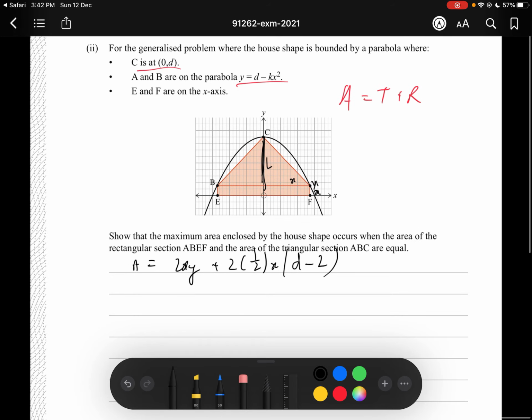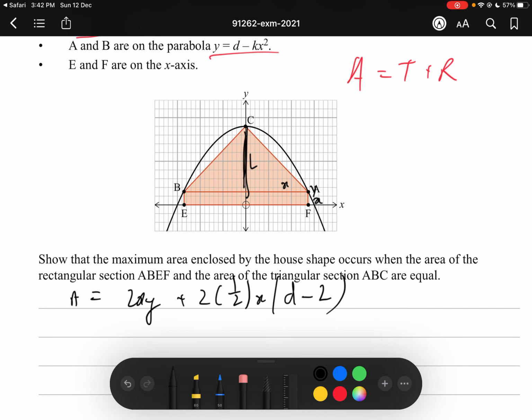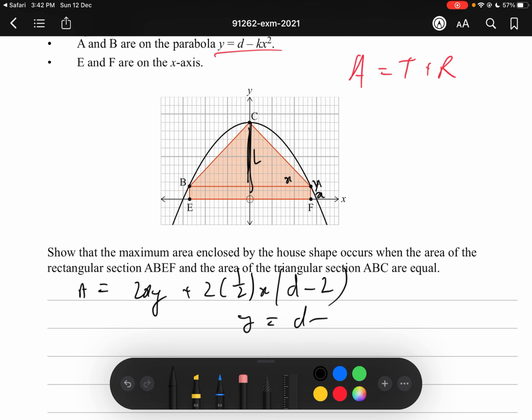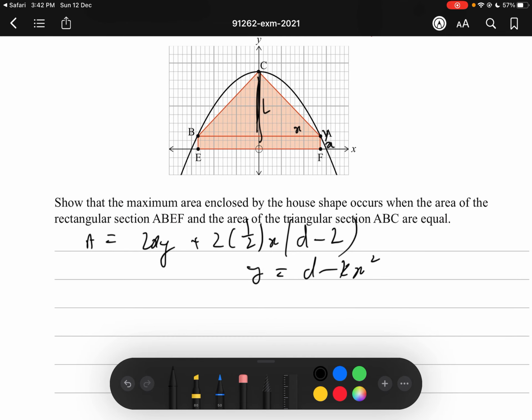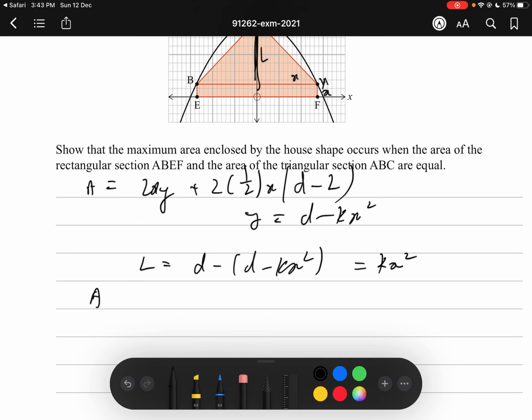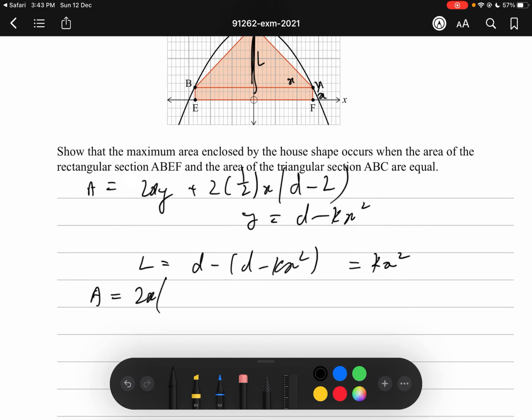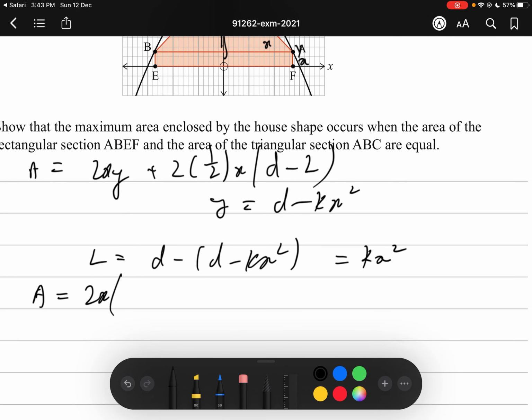In this case, we have d minus kx squared as the parabola, and therefore we know that y equals d minus kx squared. So therefore we know that L is equal to d minus kx squared, where this point is d, which is kx squared. So therefore A equals 2x times y, which in this case would be d minus kx squared, plus x times (d minus L), which was kx squared.